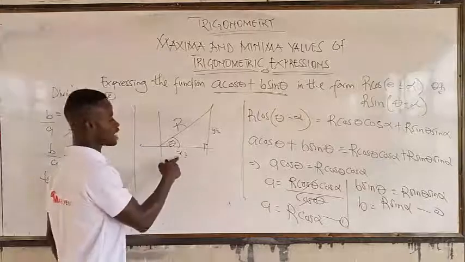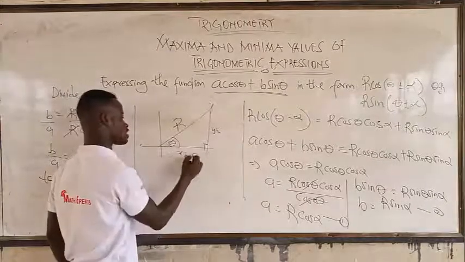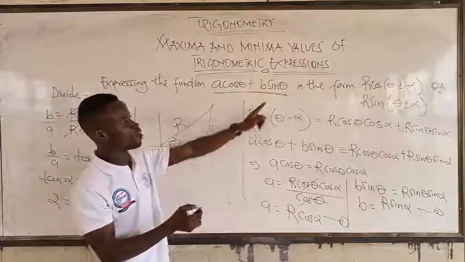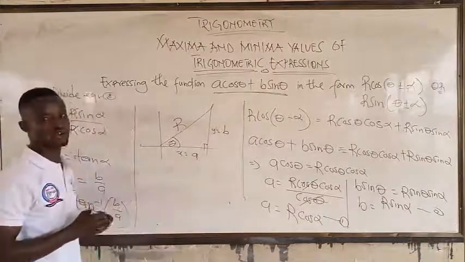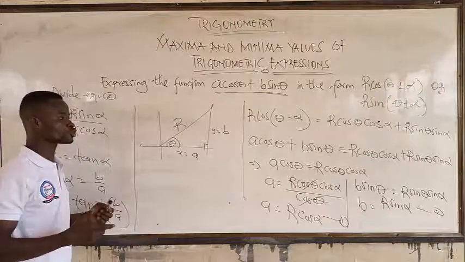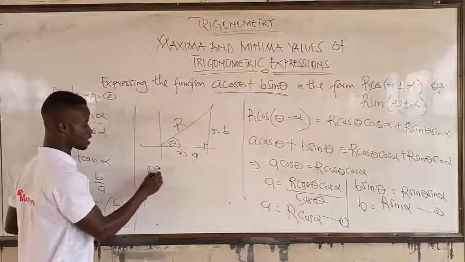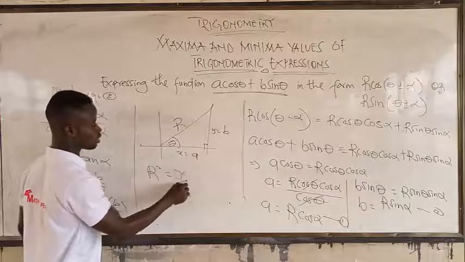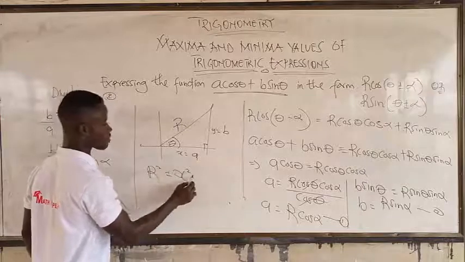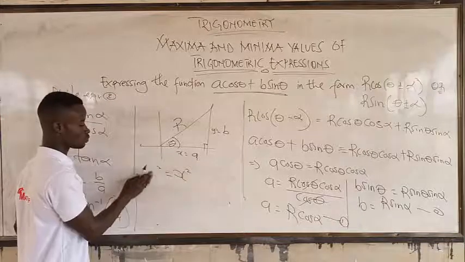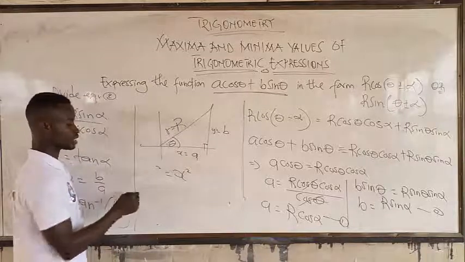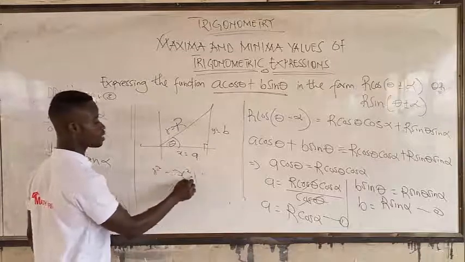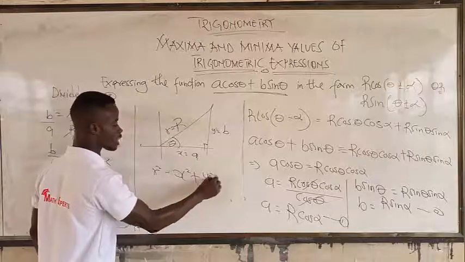So here x will be the coefficient of cos, and that is A. Then y will be the coefficient of sine, and that is B. So we go for R. To go for R, you use the Pythagorean identity. So r squared equals x squared plus y squared.